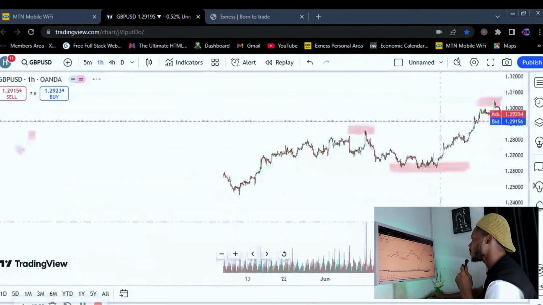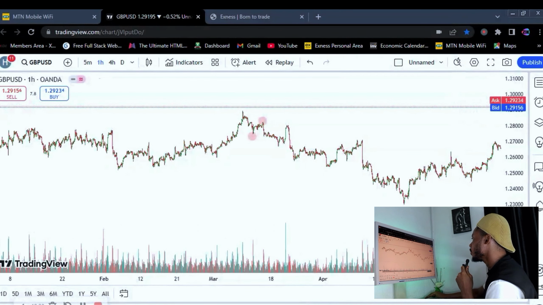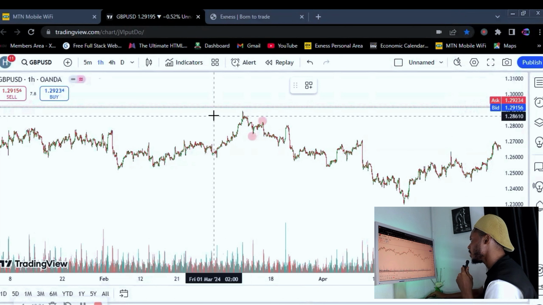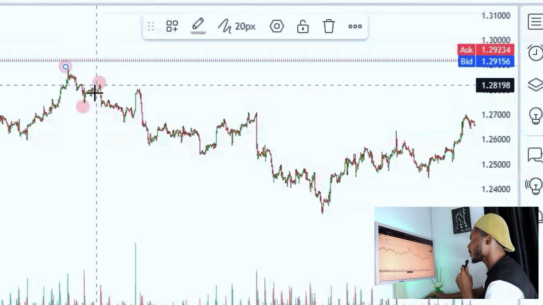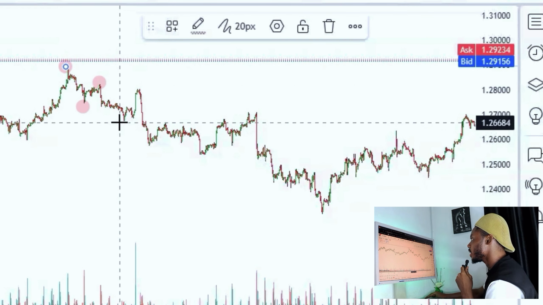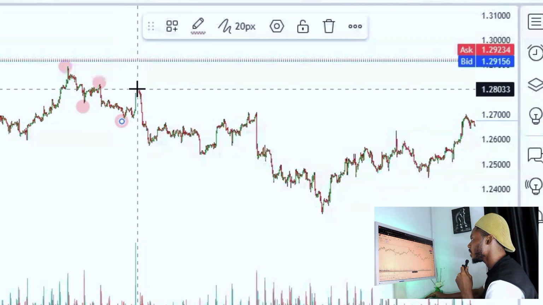Now let's check for a downtrend. We have this touch here, another touch here, and here is another touch over here.